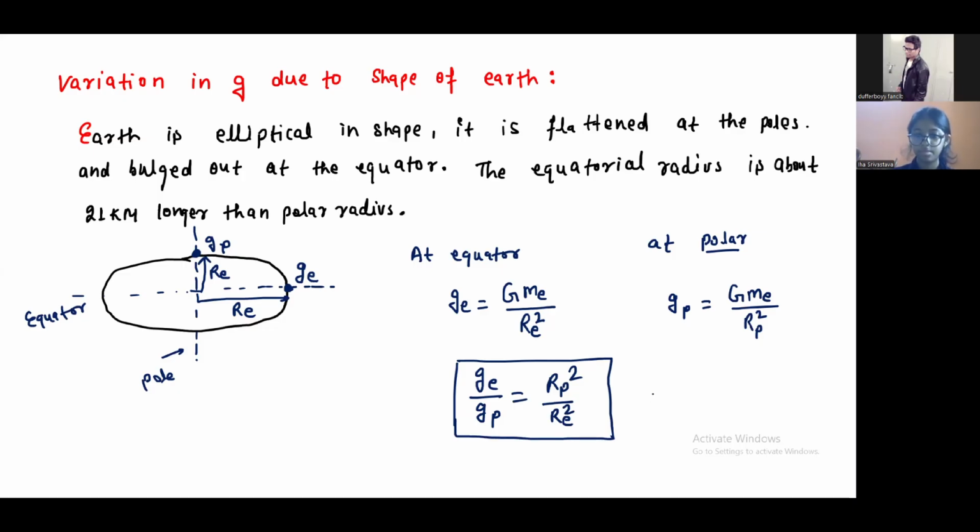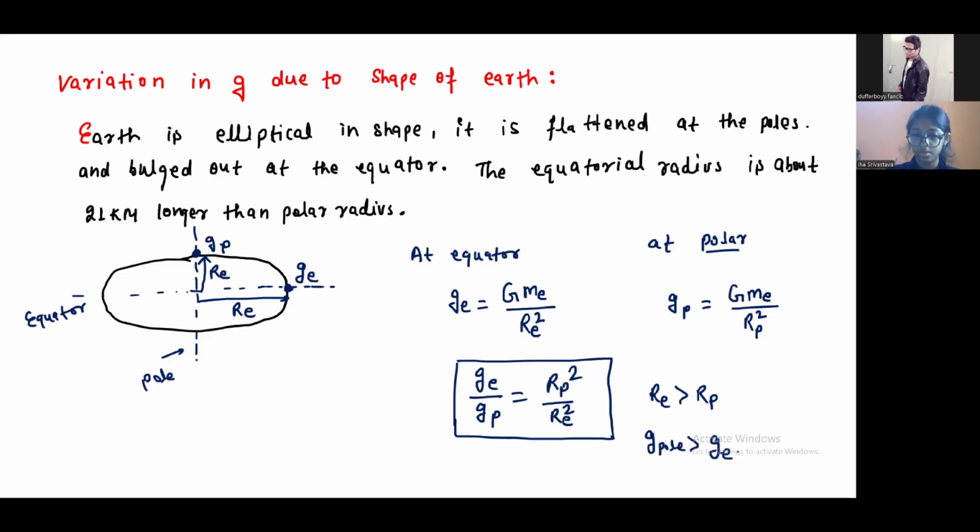Okay, and we know that the radius RE is greater than RP. That's why g at the pole is greater than g at the equator, because it is inversely proportional.